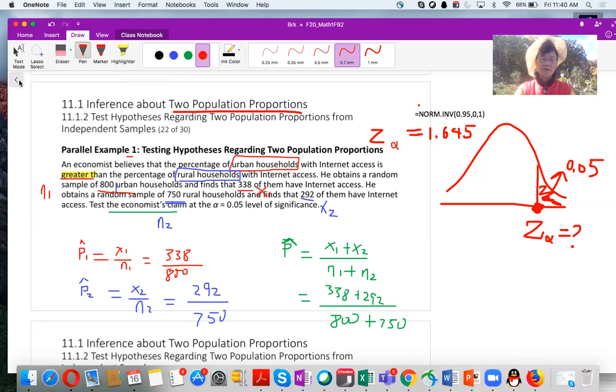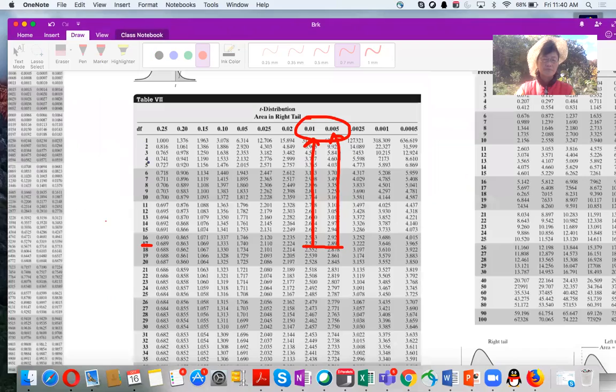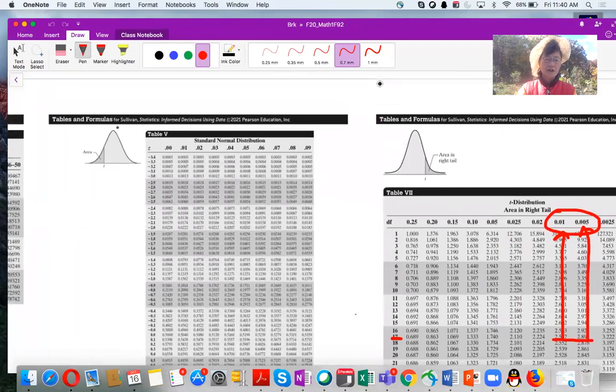And if you want to use the table, go to the normal table for the z test. The table is based on the area to the left of this z.